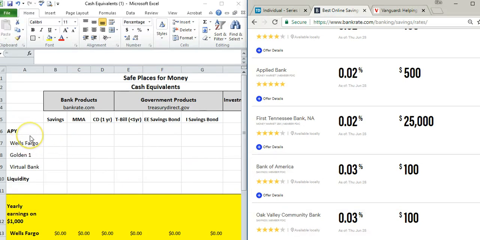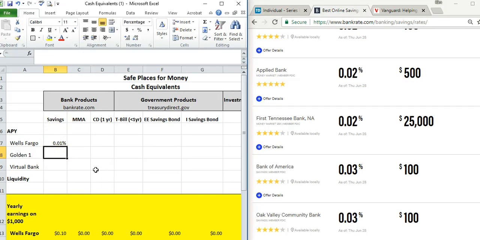I'm looking for the annual percentage rate, and I'm going to put in here for savings that, just like what it said, is 0.01%. Oops, that's not even enough zeros. 0.01% at Wells Fargo.